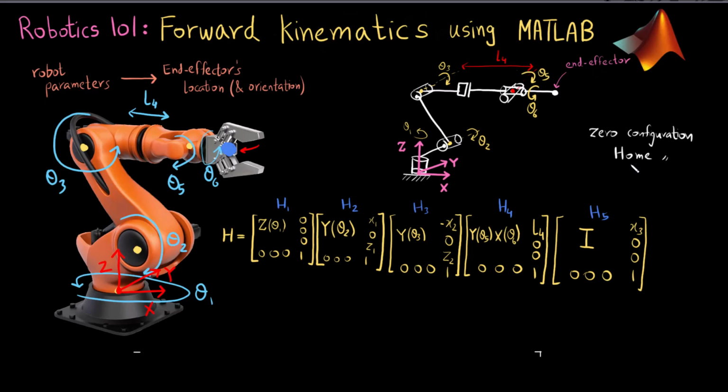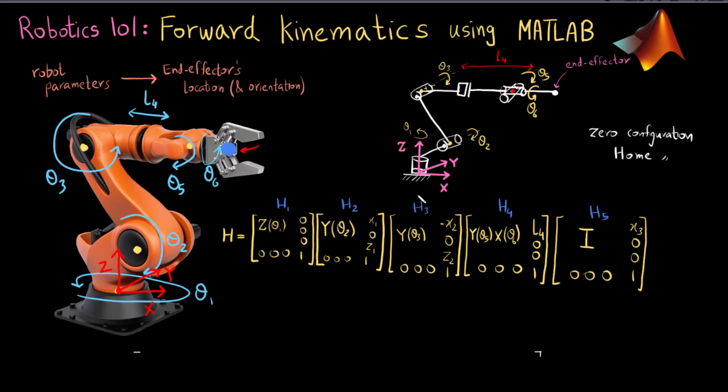That is what we assume. So they are at their initial position. So we assume the robot is at its zero configuration, and we do the forward kinematics of the robot at its zero configuration. And then whenever we change any parameter, it is going to be changed from that position onward.